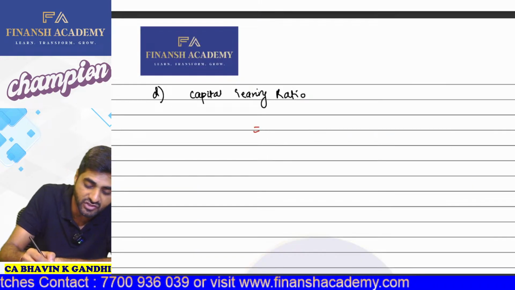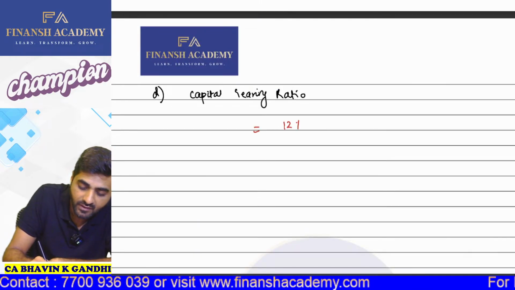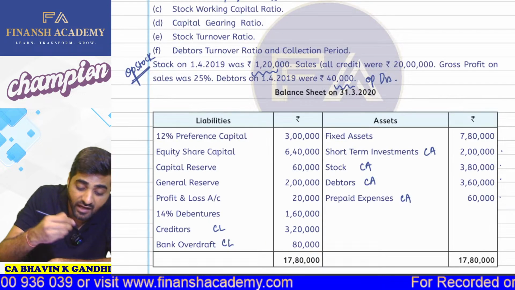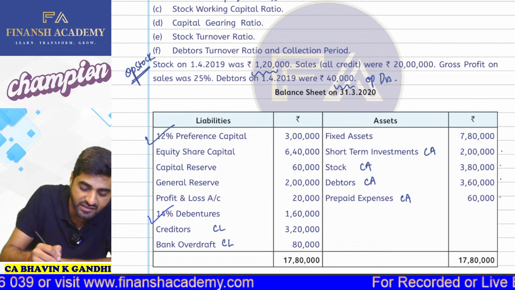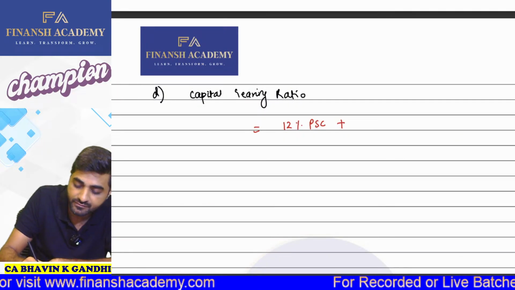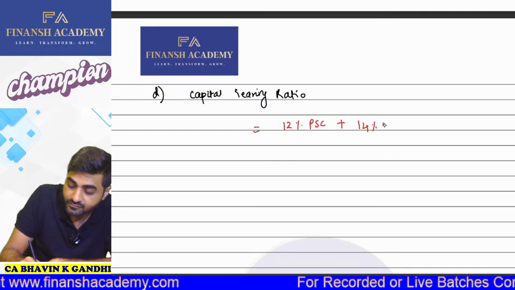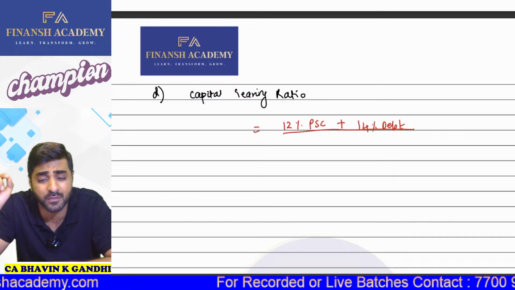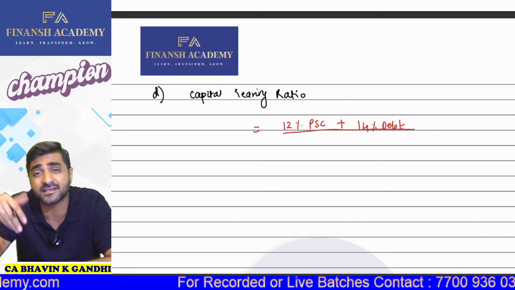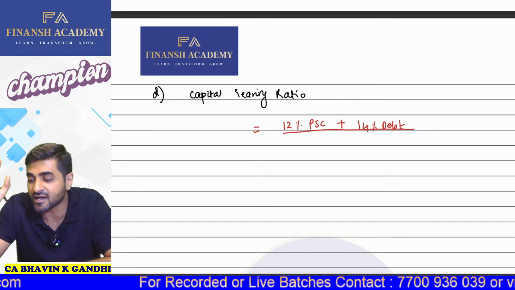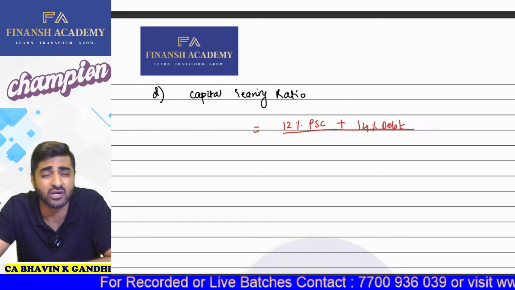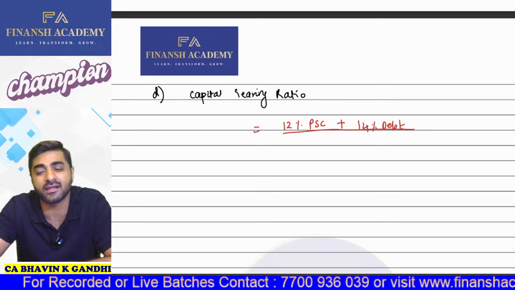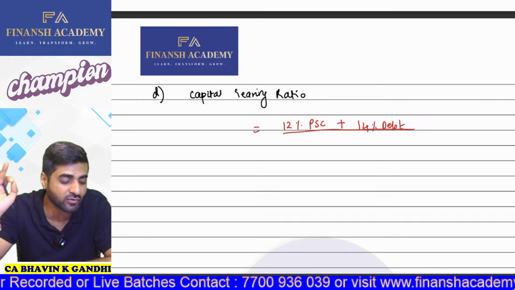We have 12% preference shares plus what is the other fixed commitment which we have? Can I say 14% debentures? Okay, both of them are your fixed commitment sources, right? Because we have to compulsorily pay them. They are fixed commitment. So fixed commitment sources are debt and preference because their rate is fixed. So we have to compulsorily make the payment based on their respective rates.